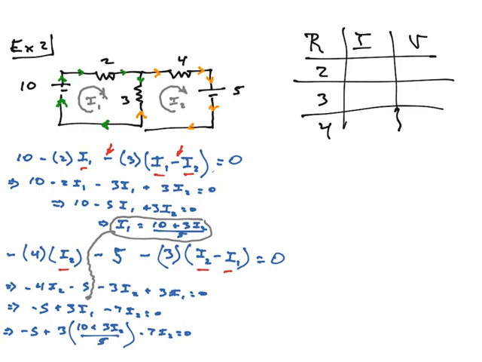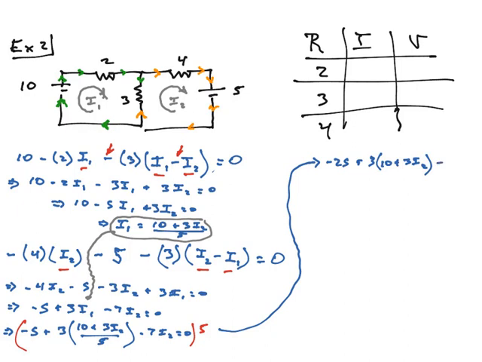All right, this looks kind of messy. We have an equation sitting here. First of all, it's only got one unknown, I2, so that's good. However, it's got a fraction sitting there. I don't like that denominator. So the first thing I'm going to do is multiply everything by 5 to get rid of that 5 in the denominator. Take this whole equation, multiply it by 5. What happens? Minus 25 plus 5 times the second term, the 5s go away, so I have 3 times (10 plus 3i2).